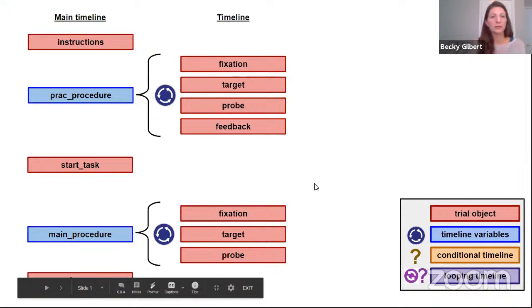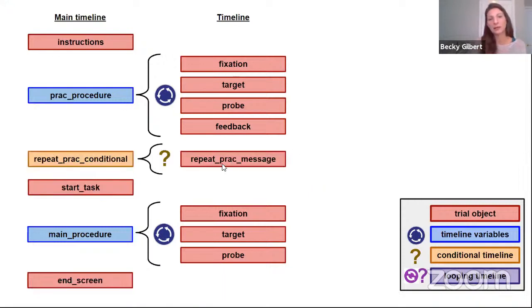Now, the first modification we made was to create this repeat practice message, and then we put that inside of a conditional. And I'll go back to the code in a second too, if that's what's missing here. So that was the first modification. So now this message does or doesn't show depending on the performance. But what doesn't happen at this point is that we don't loop back to the beginning.